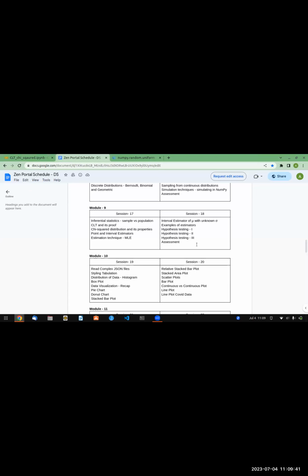I do know that we won't use all these things at the same time, like we won't use CLT, CDF, geometric, binomial, or Bernoulli all at once, because we'll have some plans or project documents, and we'll go through that and work accordingly.